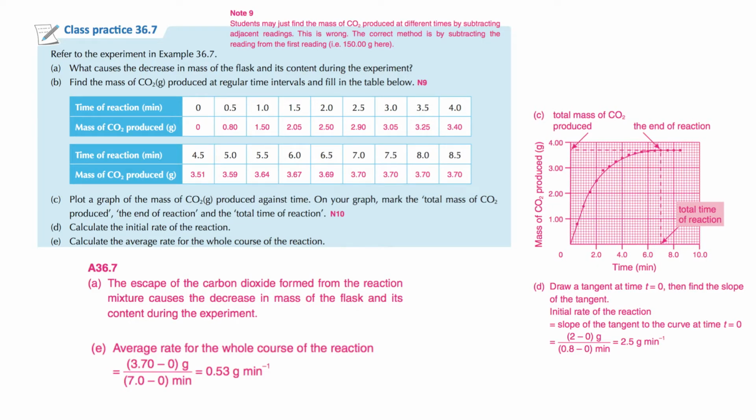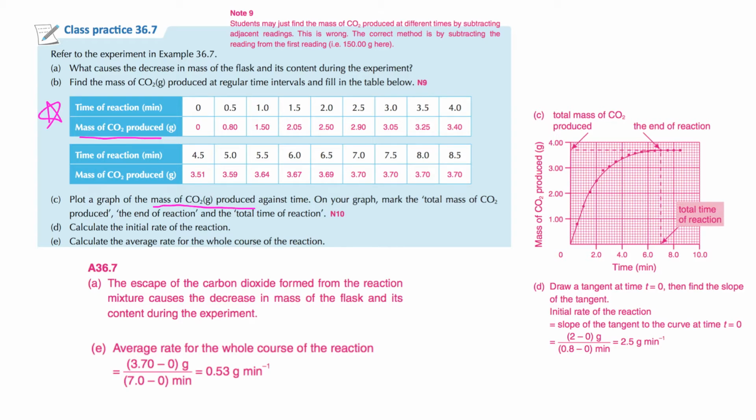But this question doesn't ask about that. So another example, class practice 36.7. So this time, you also need to refer to the table in the previous slide. So you'll find that you have to calculate the mass of carbon dioxide produced. So this table is not difficult for you to fill in. So this time, you need to plot a graph, mass of CO2 produced.